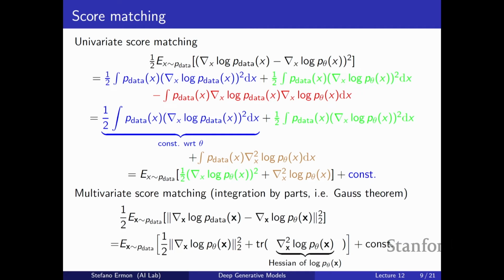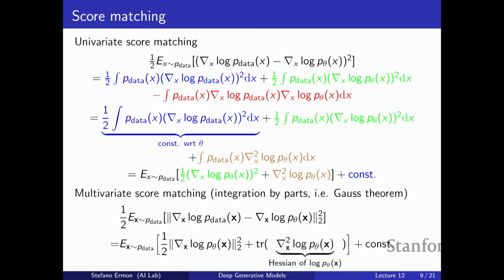And it turns out that there is something you might have seen in multivariate calculus. There is an equivalent of integration by parts. There's actually Gauss' theorem, where you can do the same trick when you have a vector.